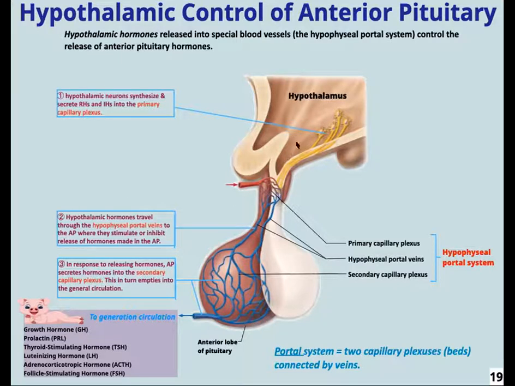So in this case, the hypothalamic neurons synthesize and secrete releasing hormones and inhibiting hormones, which are then released into this first capillary bed. And through blood flow, these releasing hormones and inhibiting hormones get to the anterior pituitary, where they bind to the anterior pituitary and stimulate it to then secrete these hormones.